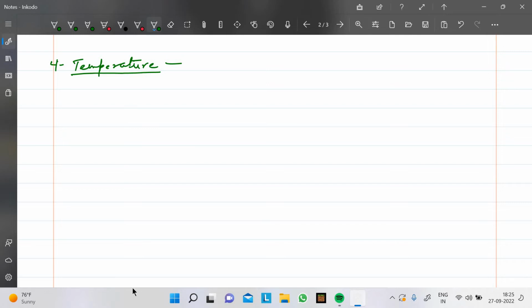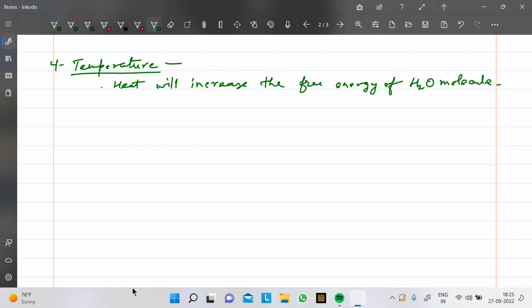When we heat up the solvent or the solution, the heat will increase the free energy of water molecules, and heat also increases the permeability of the membrane.